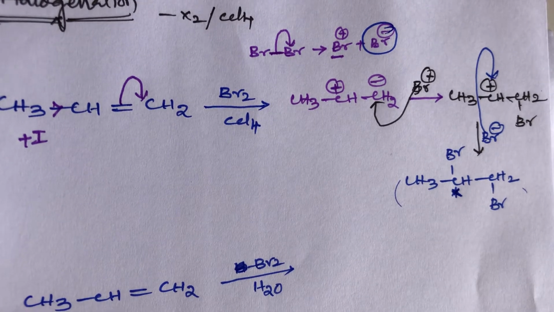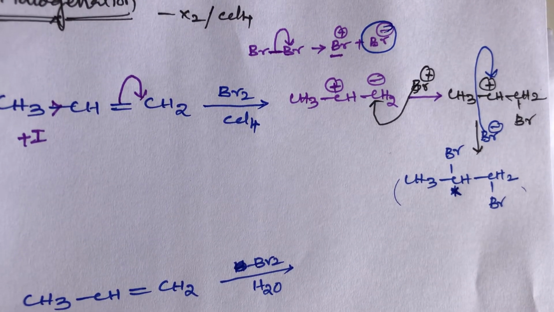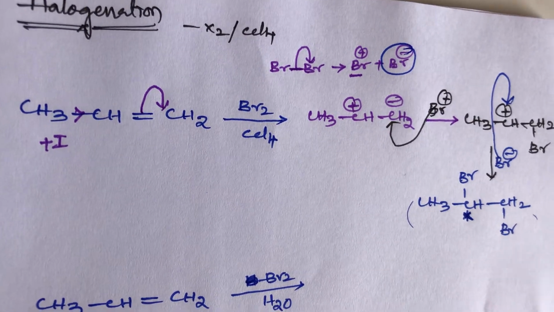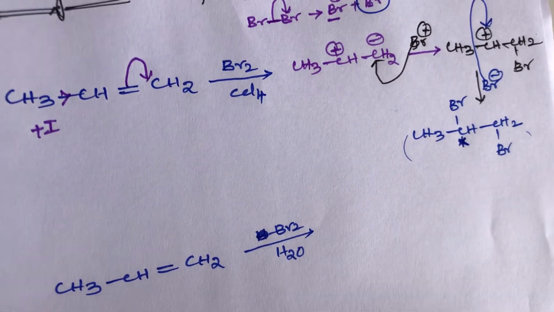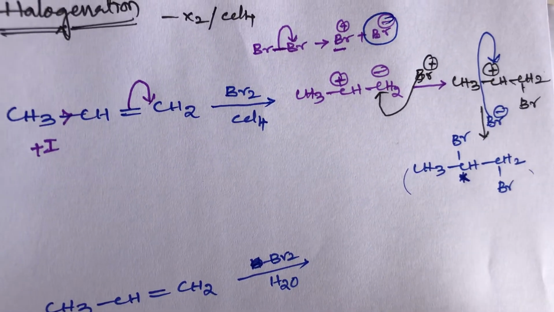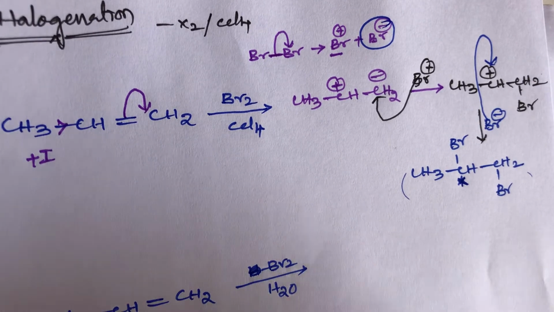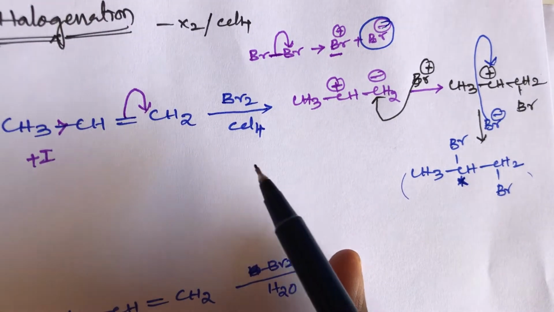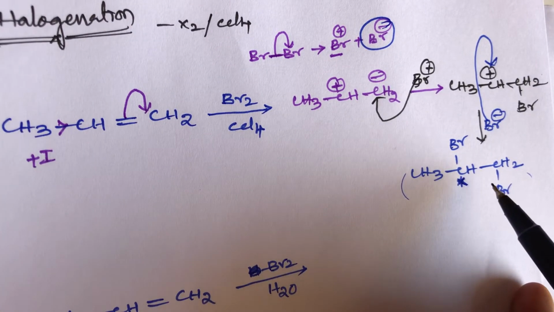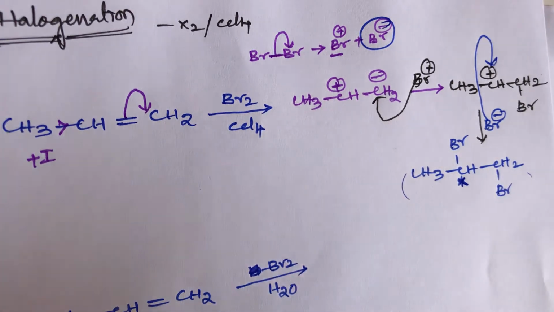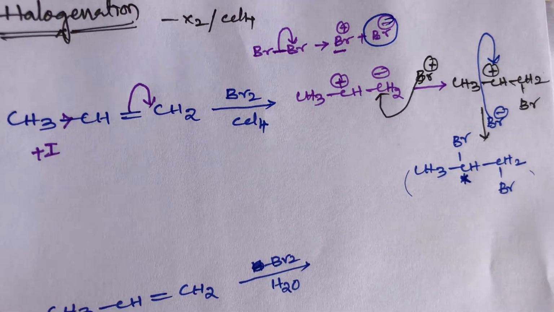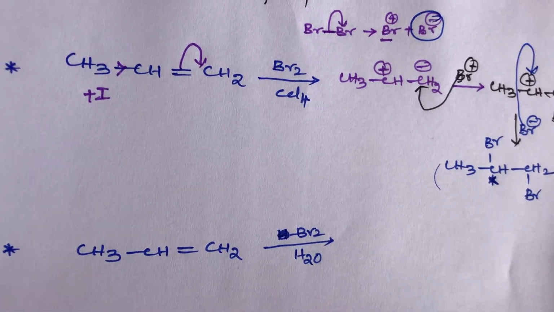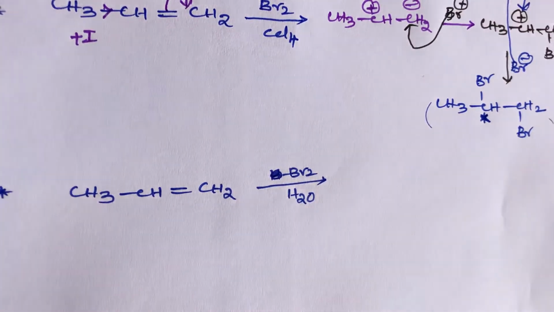So it is a halogenation, and halogenation is an anti-addition, students. This is the simple trick for halogenation in the presence of non-polar solvent to give this type of product. And one more question, students: halogenation in the presence of polar solvent.